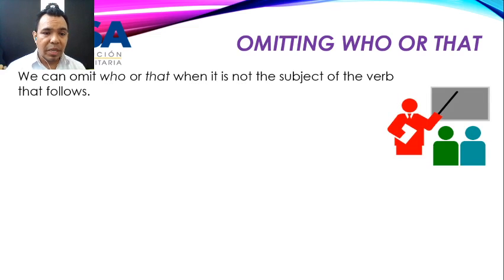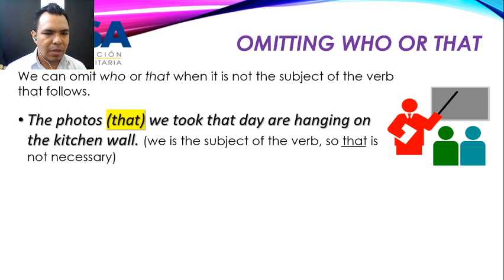Sometimes you can omit who or that when it's not the subject, when it's not necessary. In this case, it is not necessary when it's not the subject of the verb that follows. For example, the photos we took that day are hanging on the kitchen wall.